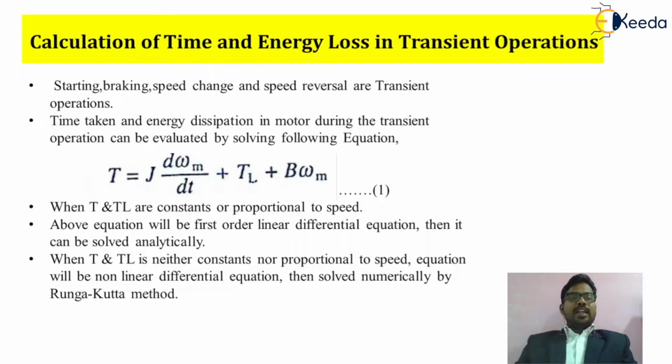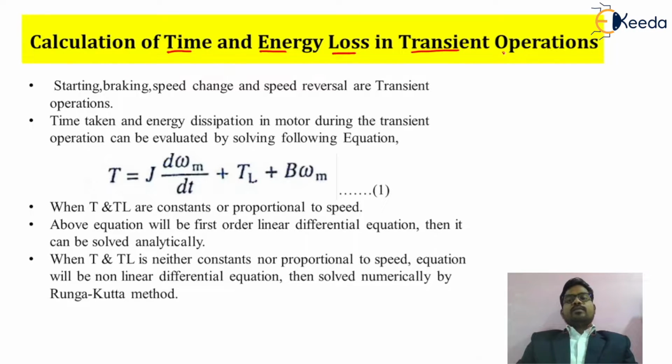Friends, in the calculation of time and energy loss in transient operation, we will study how to find the value of the time and energy loss. First, for the sake of your understanding, let us understand why we want these values only in the transient state.